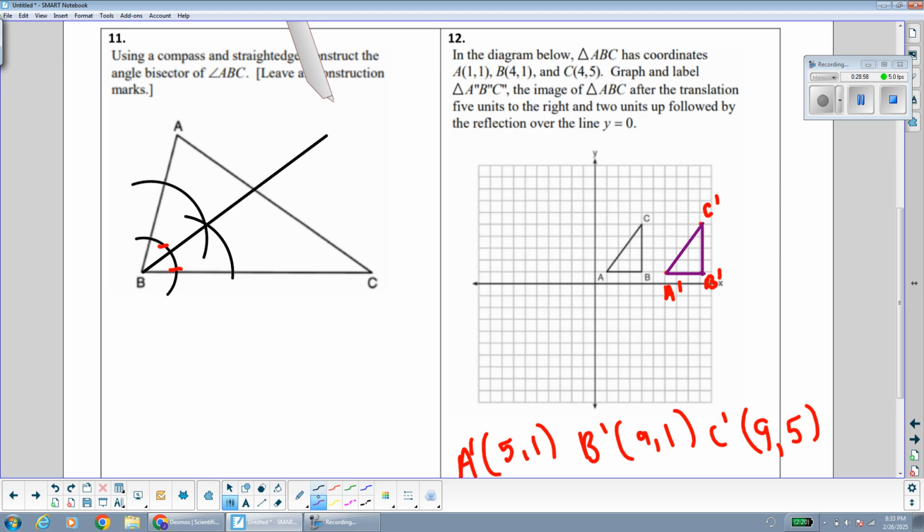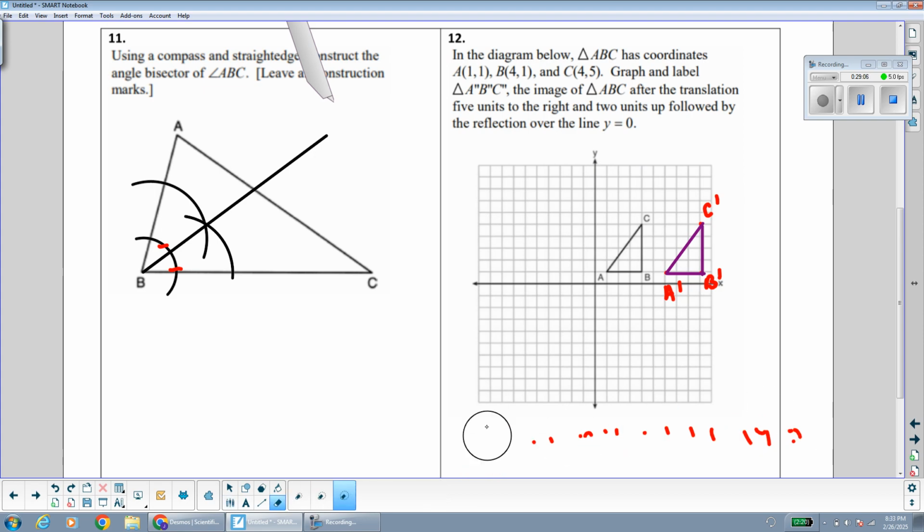And now we're... oh wait, it was 5 to the right and 2 up. That's not my final coordinates. No. I just read 5 to the right.